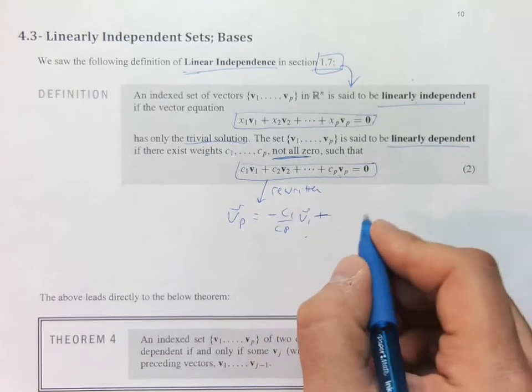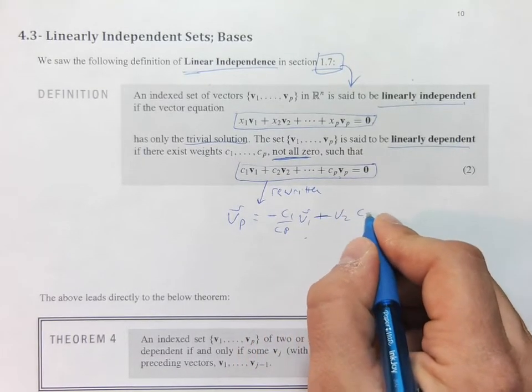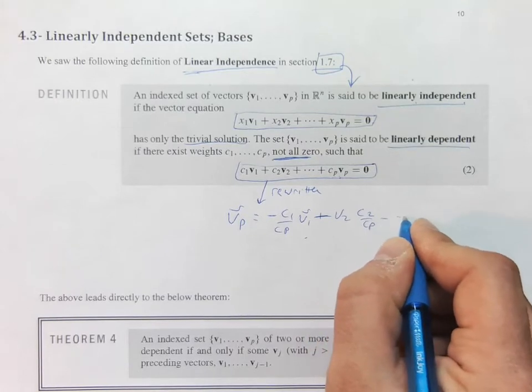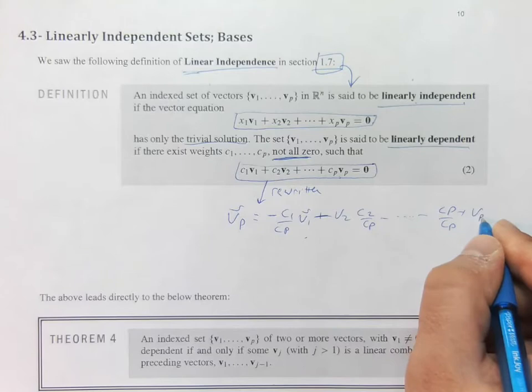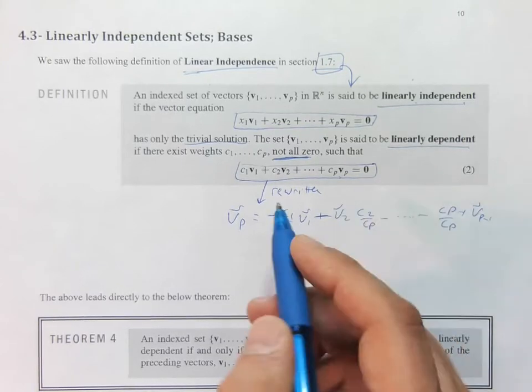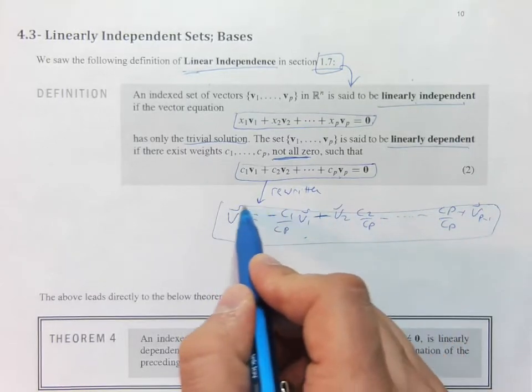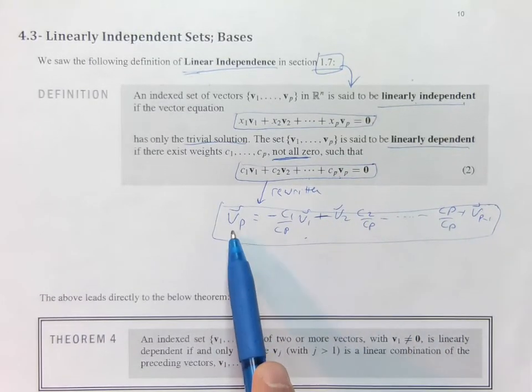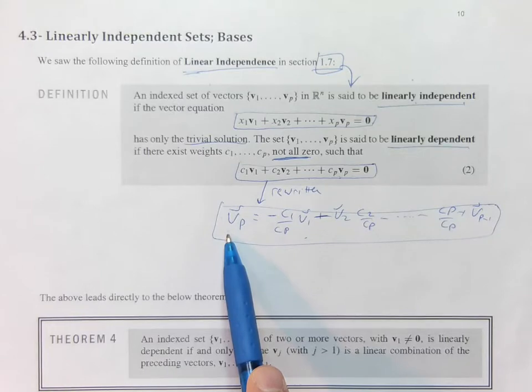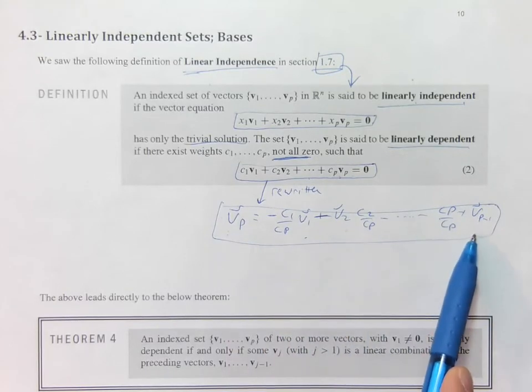They'd be subtracted, so they'll all be negative. And so this is just showing you how if you have a non-zero solution to the homogeneous equation, that means each vector in that set is a linear combination of the other ones.